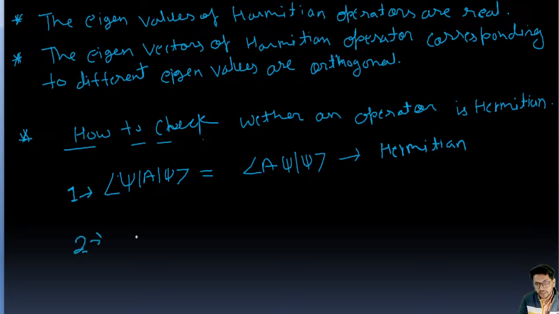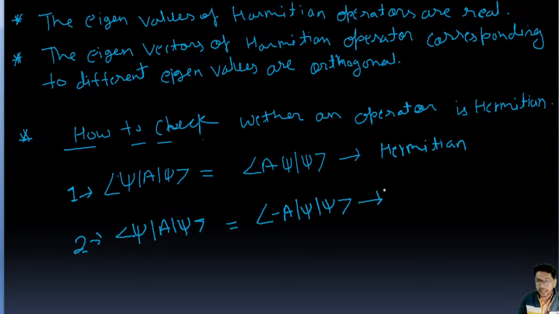Second point: if <psi|A|psi>, the expectation value of A, is equal to minus <A psi|psi>, if this is the case, then this is anti-Hermitian.